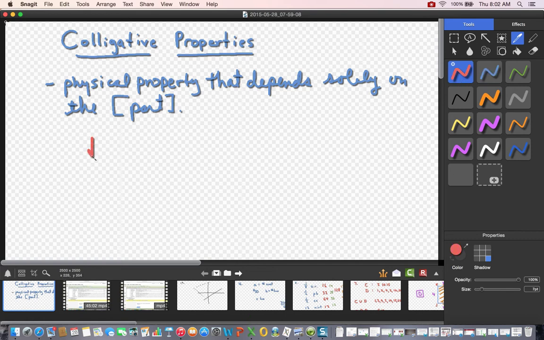There is the depression of vapor pressure, and this depression of vapor pressure is governed by Raoult's law.